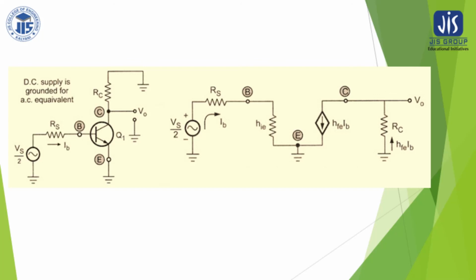Under this situation we can write it as this. So it is a differential output divided by the input. This is known as the differential mode gain, ADM. So this is our differential mode gain.